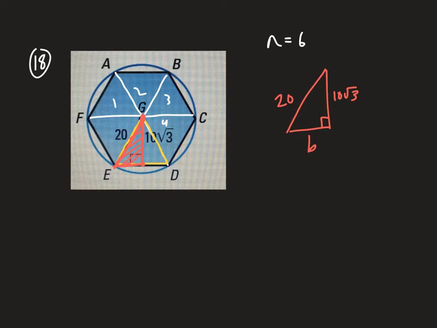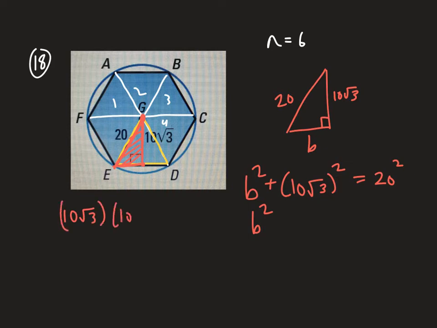Alright, so Pythagorean would tell us that b squared plus the other leg, 10 root 3, squared must equal 20 squared. So 10 root 3 times 10 root 3, and of course you can use a calculator, but just to see what it's really doing, 10 times 10 is 100.